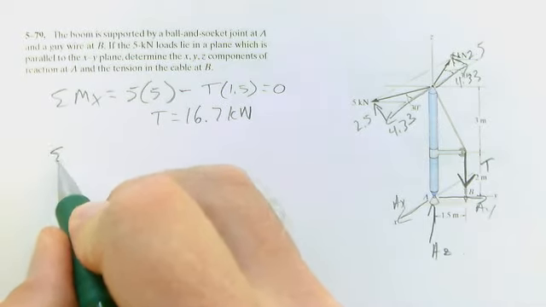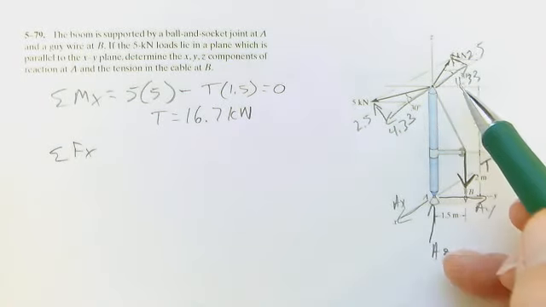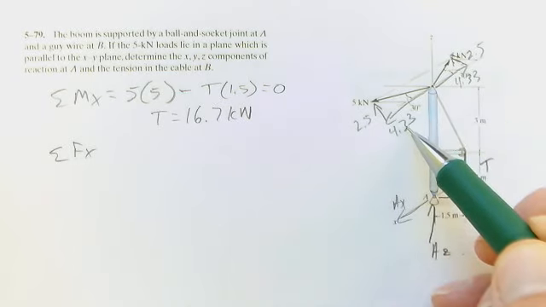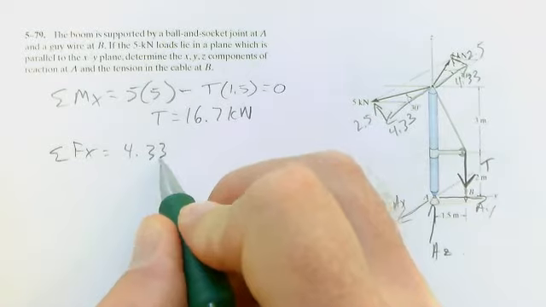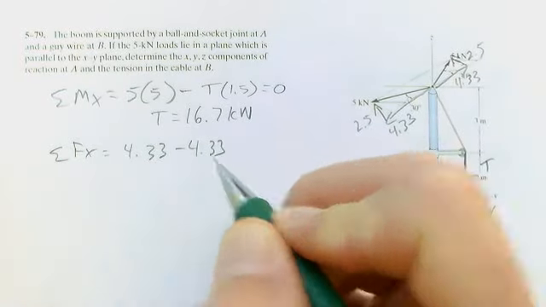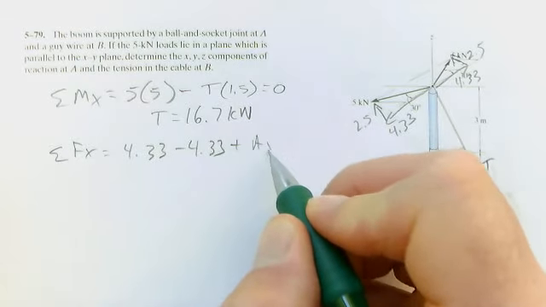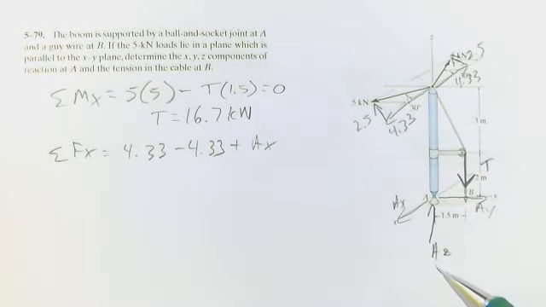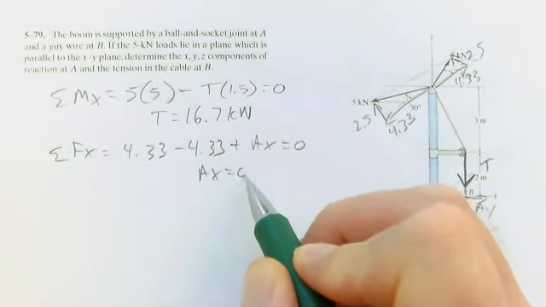Now I'm going to solve for the forces in the x direction. In the x direction, we have 4.3 and negative 4.3, and we have Ax. There's nothing else in the x direction, so Ax equals 0.